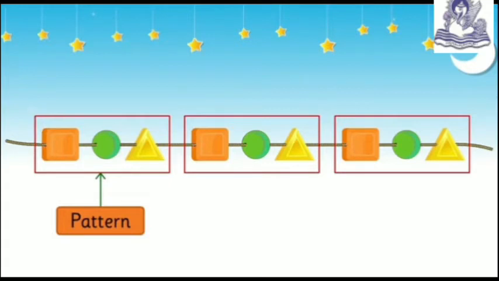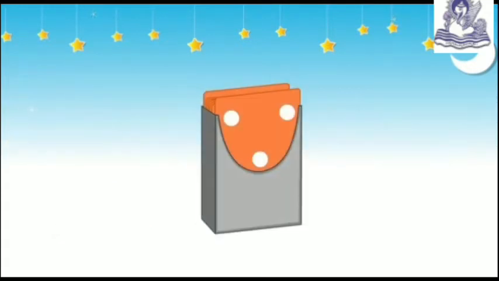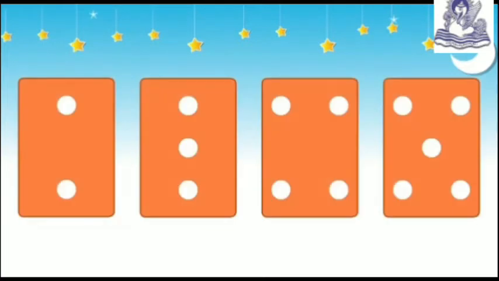Now let us try making few more patterns. Look at this bag of flashcards. Each card has a pattern of dots. Look, we have arranged few cards according to the increasing order of the dots. Starting with a card with 2 dots, 3 dots, 4 dots, 5 dots.